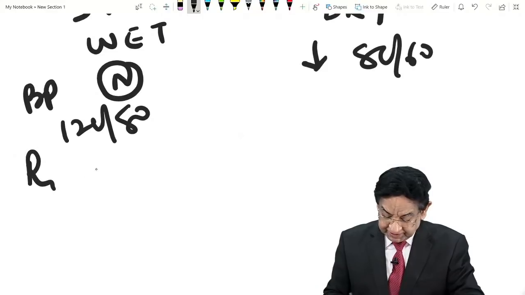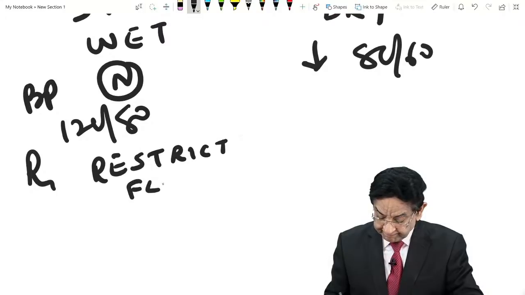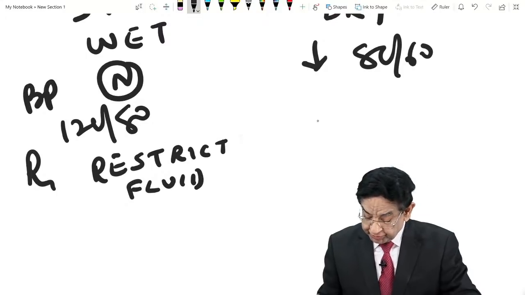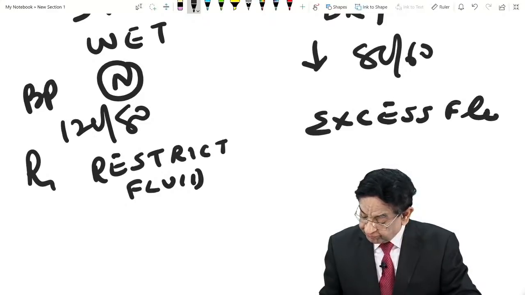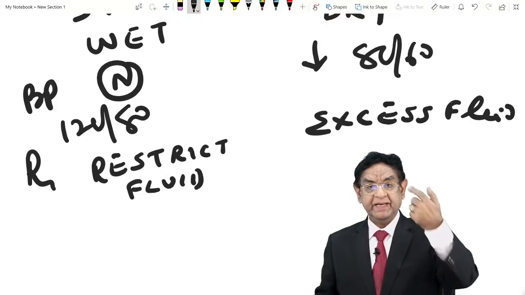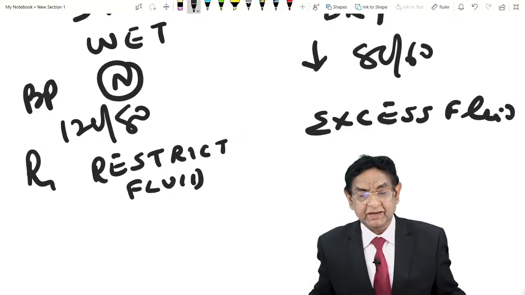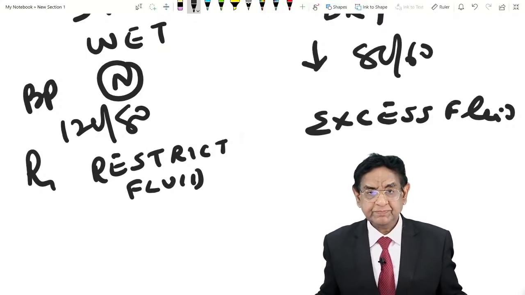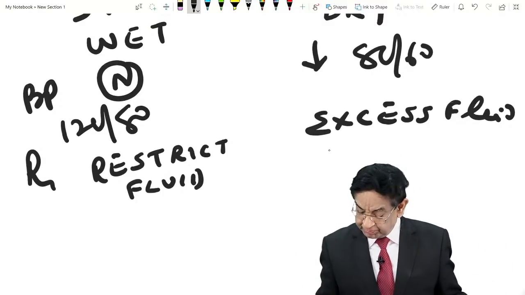Treatment: restrict fluid in SIADH. Here in cerebral salt wasting you give excess of fluid. If the patient has a gastric cannula, salt and water should be given.